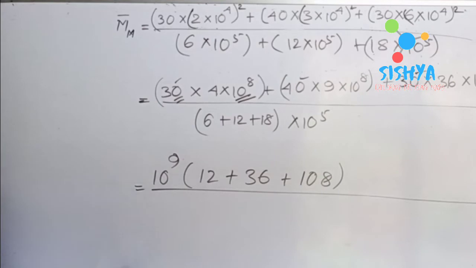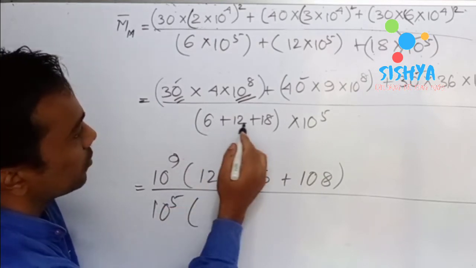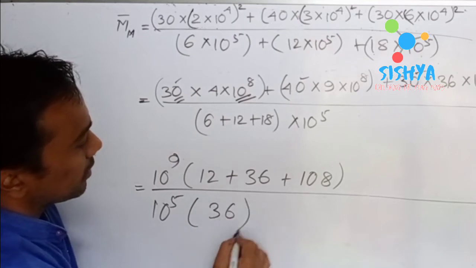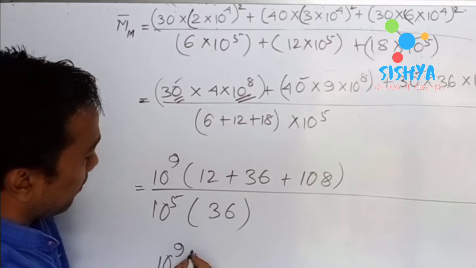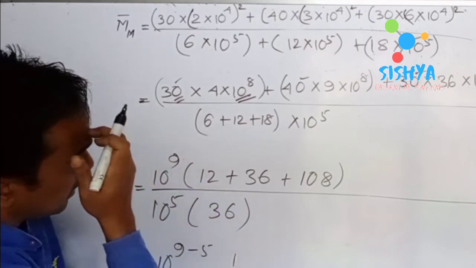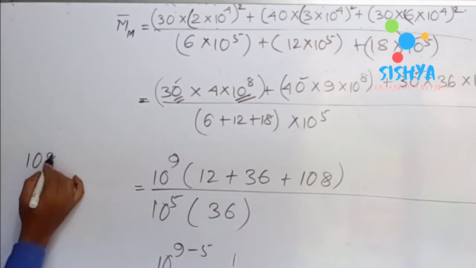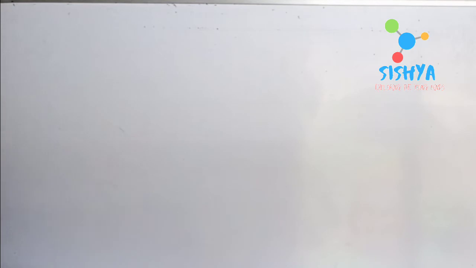And now 10 to the power 5 is below, and 6 plus 12 plus 18 is 36. So 10 to the power 9 minus 5, and it is 12 plus 36 plus 108 over 36. This is divided by the number average molar mass.